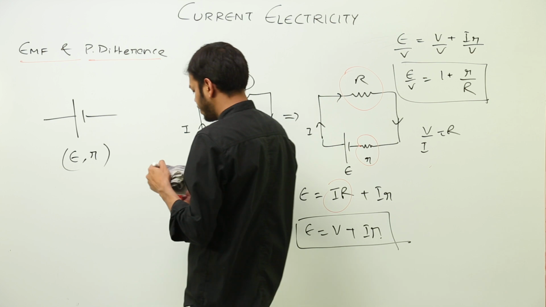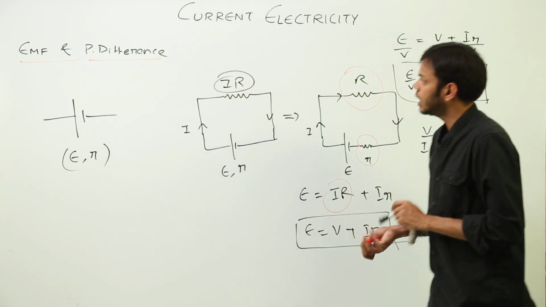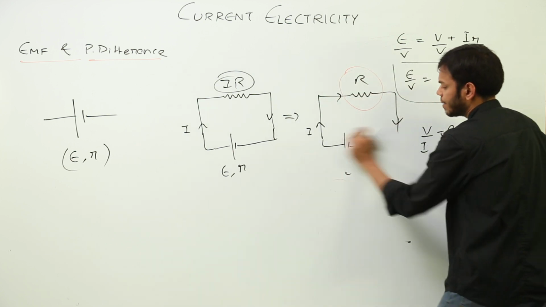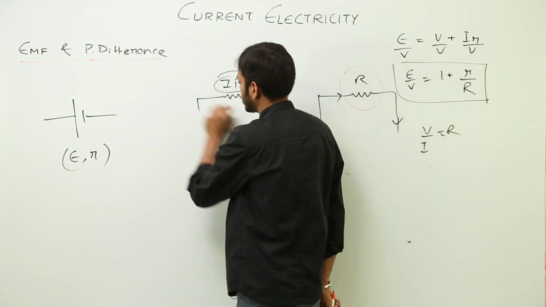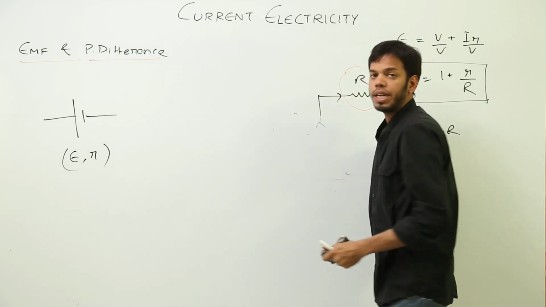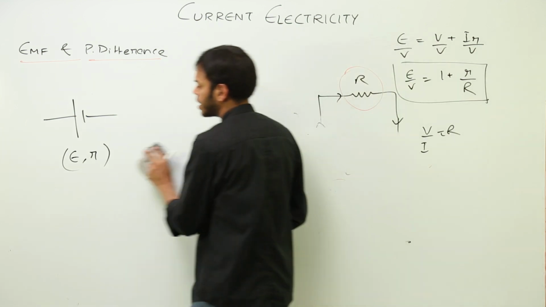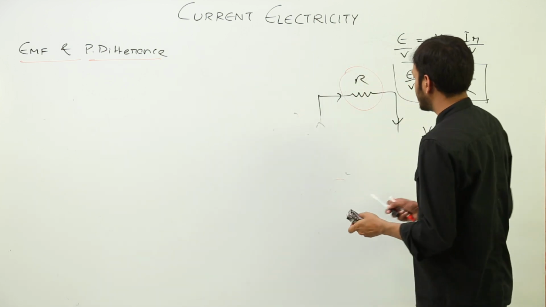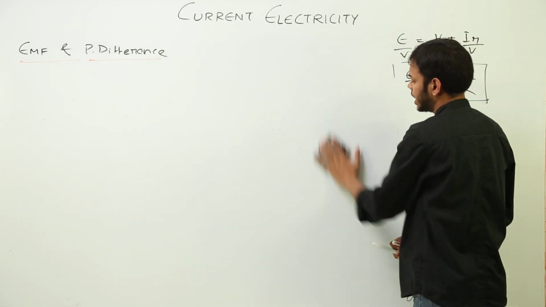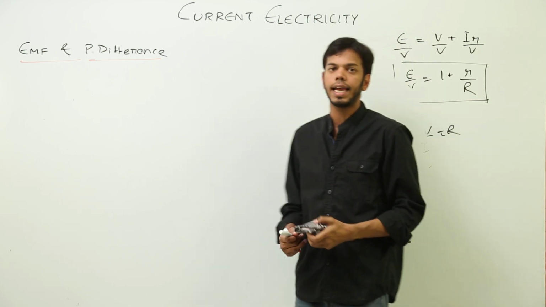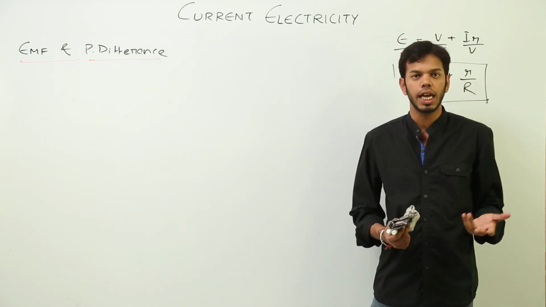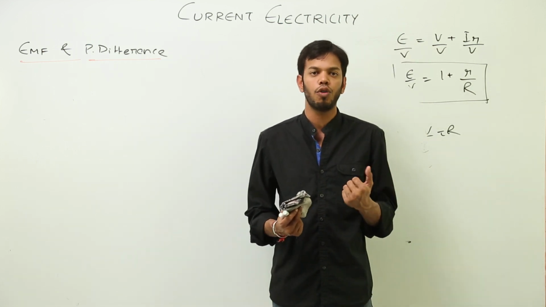Now, as we have just discussed the EMF of a cell, let's do some combinations of cells. How can cells be connected across a circuit? Cells can be connected in a circuit in series or in parallel. Consider any simple circuit which you have definitely seen, like in remote control cars or in TV remotes, anywhere where you are using two 1.5 volt batteries.